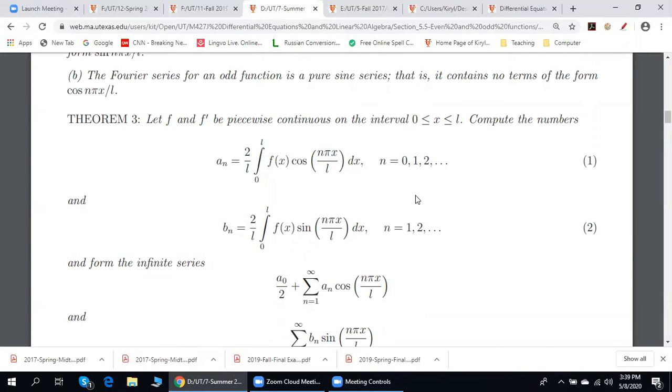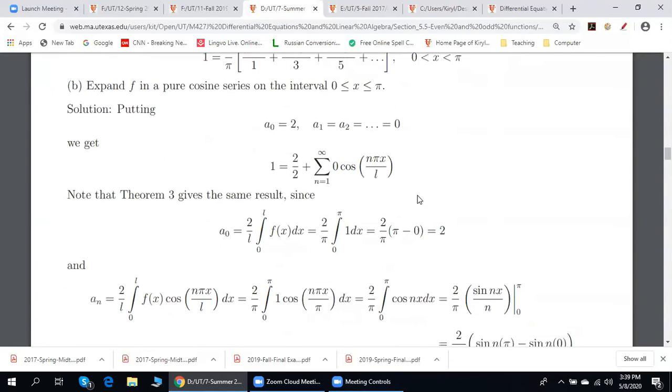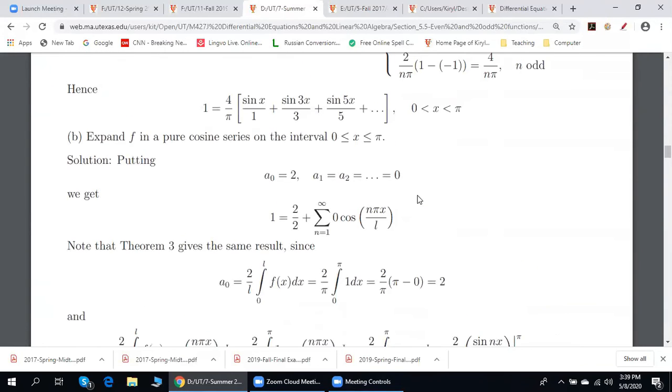However, it is much easier to solve this problem observing that f of x, which is 1, is equal to 2 over 2 plus zeros. Conclusion.